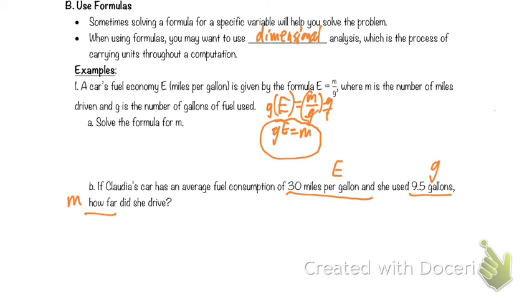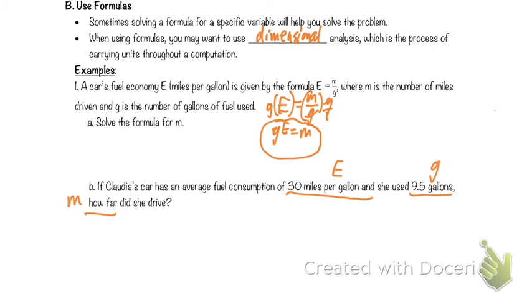So we're trying to find how far she drove. So that's the number of miles. We know the fuel economy, and we know how many gallons she used. Well, we already solved for M. Probably done on purpose that we did that. So now we can just plug things in.